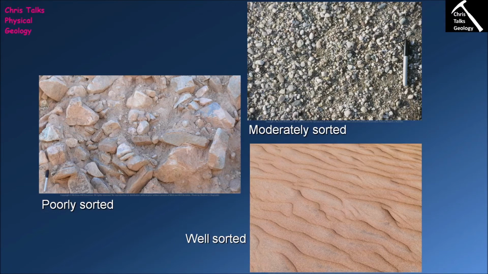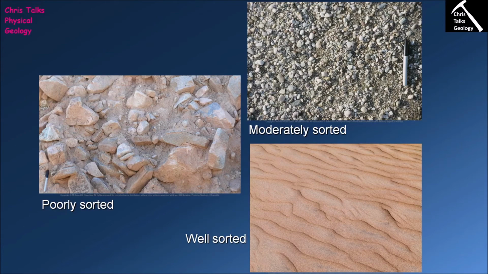And the longer the sediment gets transported for, the more impacts there will be, and so the more broken down those pieces of rock will become. So steadily over time, the boulders get broken down, the cobbles get broken down, the gravel gets broken down. That means the size range of your clasts is steadily getting smaller and smaller the longer the sediment is getting transported for. So typically, the better sorted your sediment is, very often the longer it's been transported for.